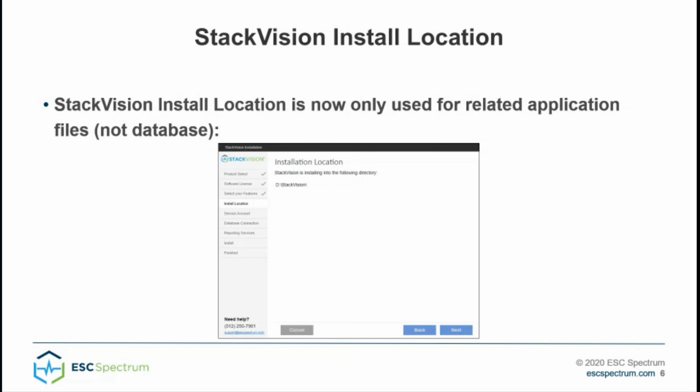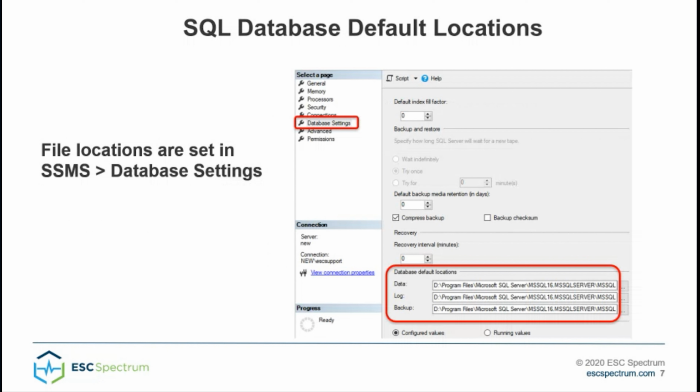So when going through the installer, there's a step here where you define your installation location. In prior versions of StackVision, this location would be used for both the application and the database files. Now, this is just for the application files themselves. The database files are actually going to use the SQL default locations.